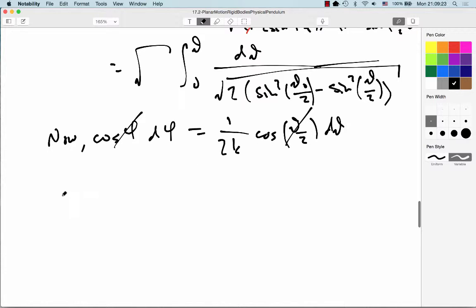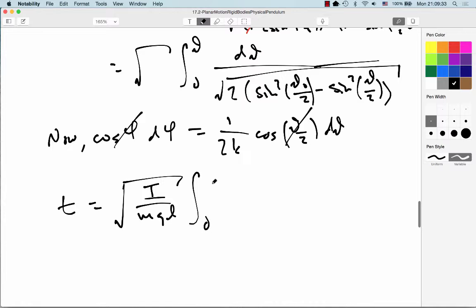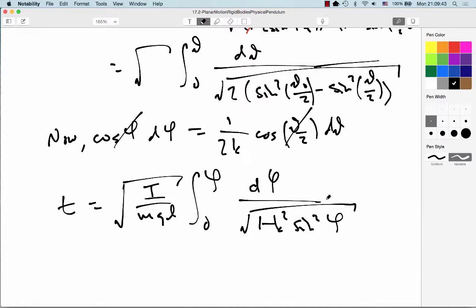So ultimately we get, skipping a few steps here, root I over mgl, integral 0 to phi now, d phi over root 1 minus k squared sine squared phi. Alright, we'll call this star prime.